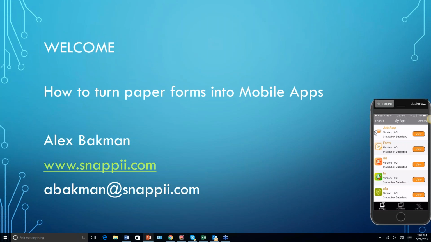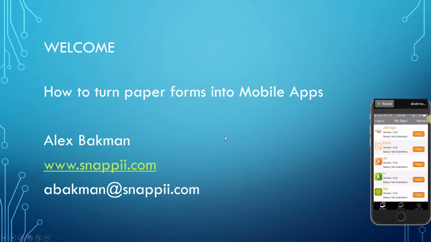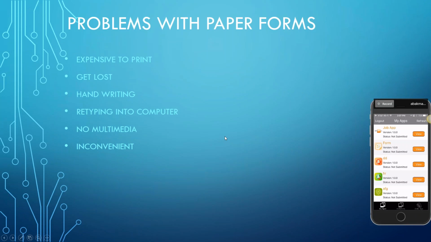Enter your questions into the question window, and I will stay on as long as I need to afterwards to make sure that I answer every question. I have just a couple of slides, and the rest of it we're building a form and turning it into an app. Okay, so let's go ahead and get going.